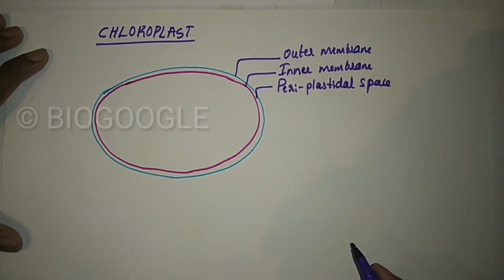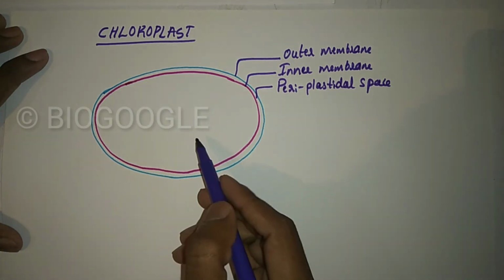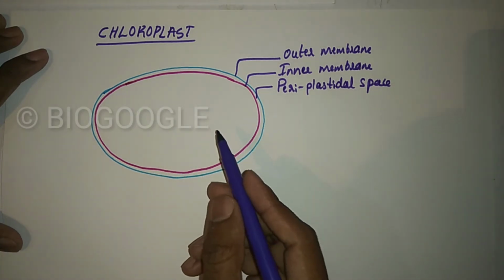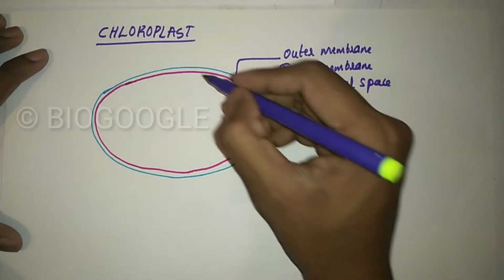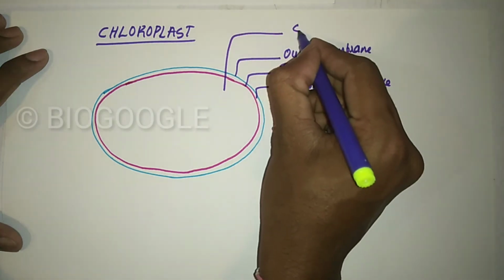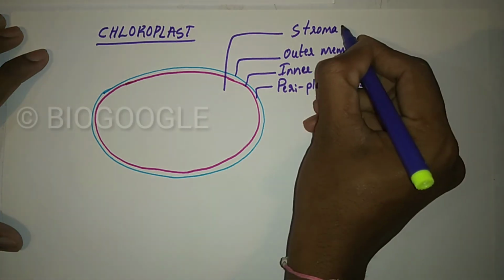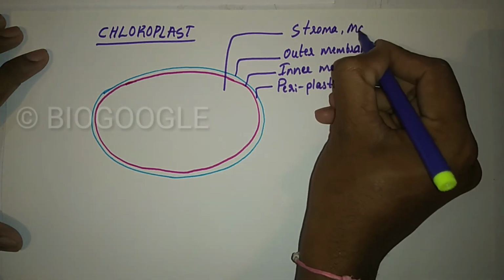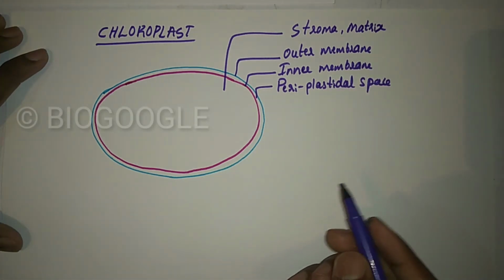Whatever fluid is present inside the chloroplast is known as the stroma, or sometimes it's also called the matrix.